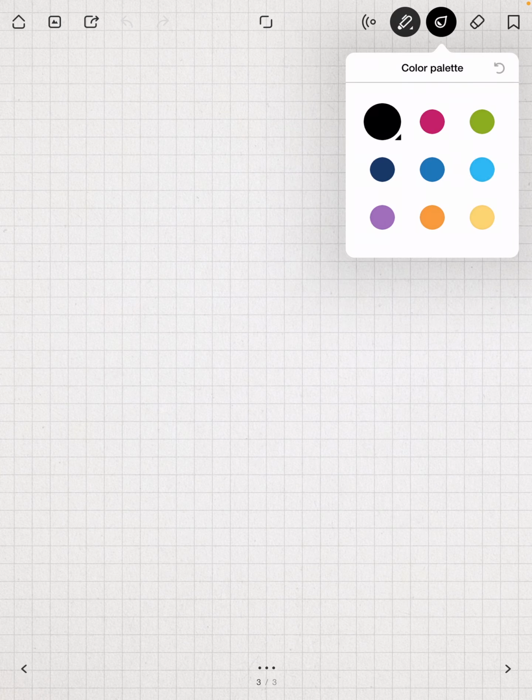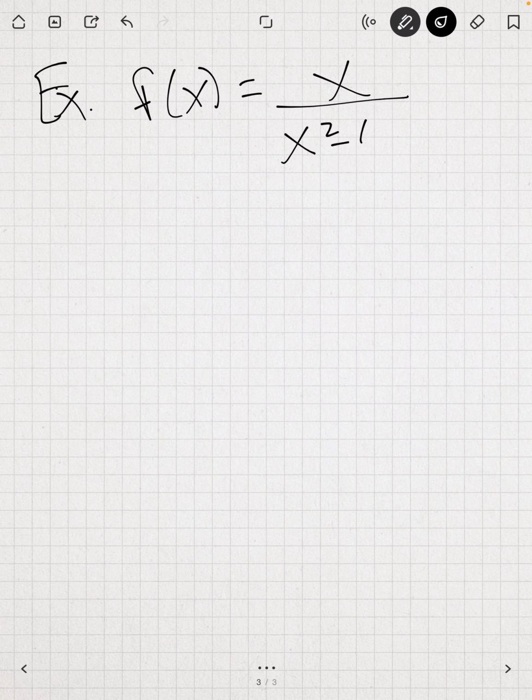Suppose we have an example. Let f of x be x over x squared minus 6x plus 8, and g of x be 3 minus x.